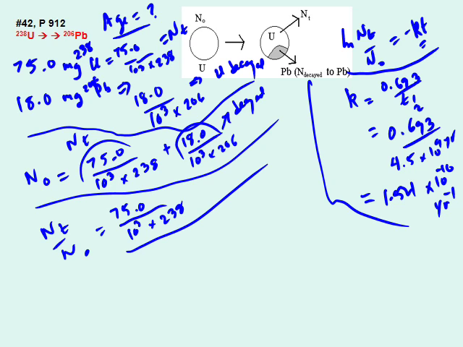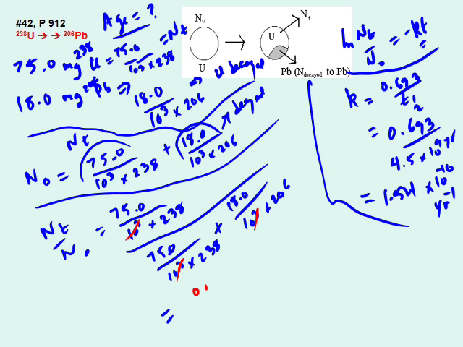Now if you multiply both sides by 10 cubed, all these 10 cubes would cancel out. Now what I finally get for this is 0.783, which is NT over N0.